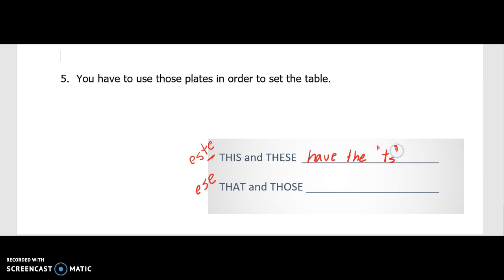Yeah, the little letter T. This and these have the T's. That and those don't. Lots of teachers say this and these have the T's, out it goes with that and those, and that's cute and fun. I still think that's funnier. This and these have the T's, that and those don't.